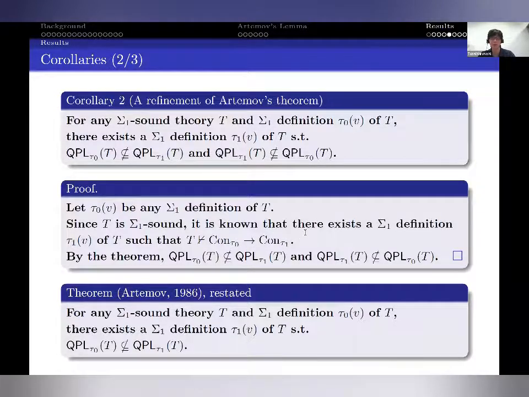And then if the inclusion holds, then the consistency of these two sigma 1 definitions are equivalent over T, but T cannot prove this implication. So I obtained these two non-implications. This is a refinement of Artemov's theorem.